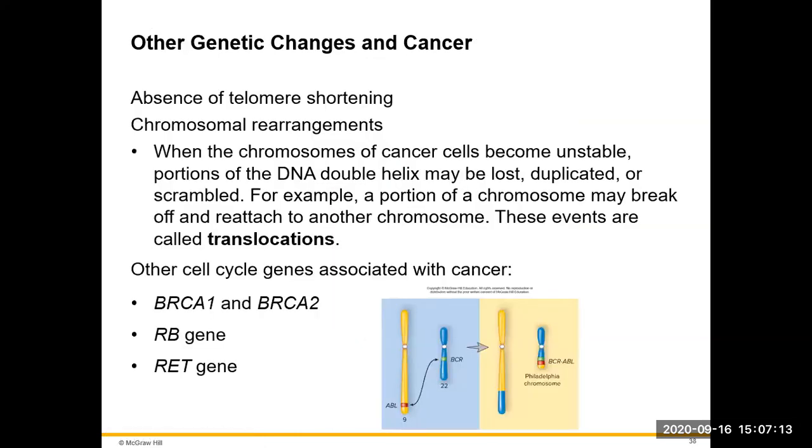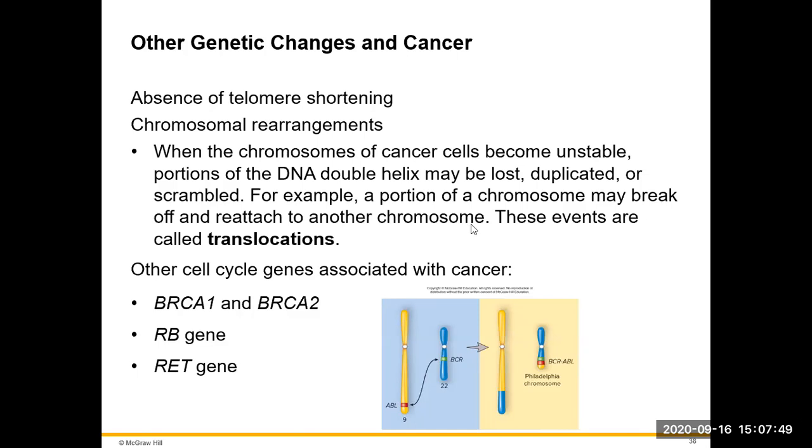Other genetic changes in cancer. Some chromosomes have endpoints called telomeres. If you have a chromosome, it has telomeres at the ends, both ends. And every time a chromosome goes through replication or duplication, these telomeres get shorter and shorter.